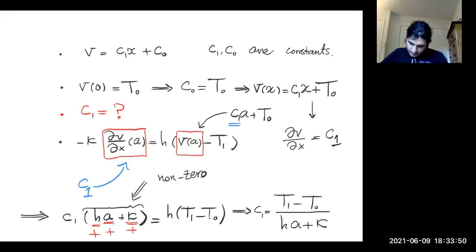So V of X is equal to C1, which is equal to H. What was it? I forgot. Oh yeah. H T1 minus T naught. Is it correct? Yeah, I think so.